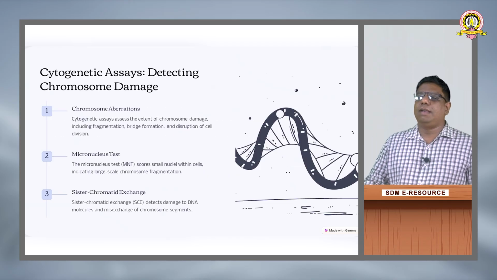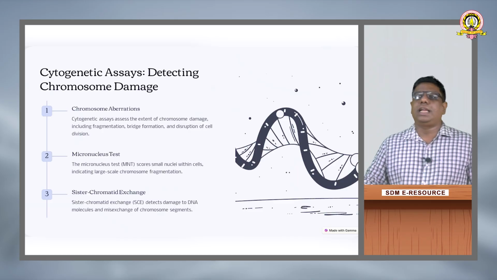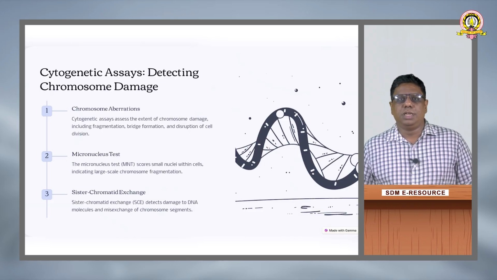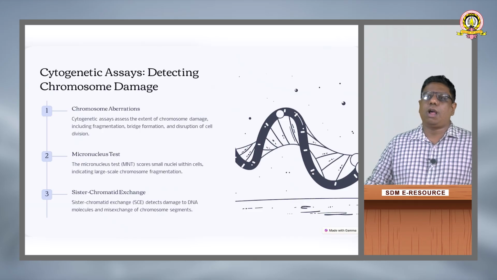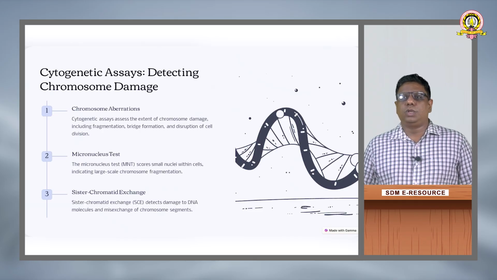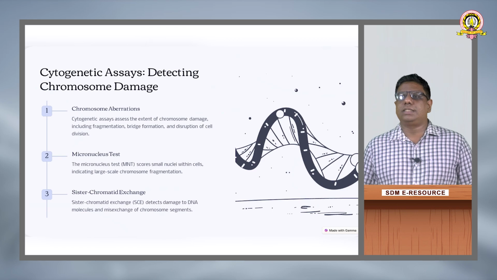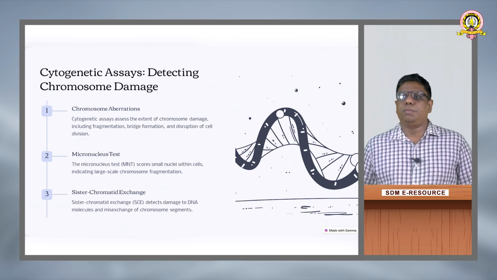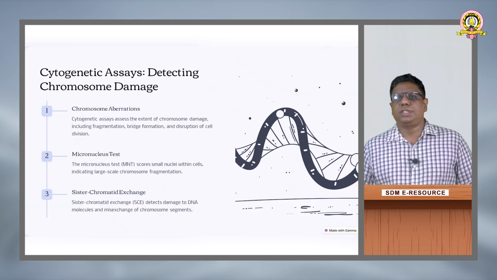Then we have a different test, the cytogenetic assay, to detect chromosome damage. You have chromosomal aberrations, as the mutagen also interacts with chromosomes. Cytogenetic assays assess the extent of chromosome damage, including fragmentation, bridge formation, and disruption of cell division.